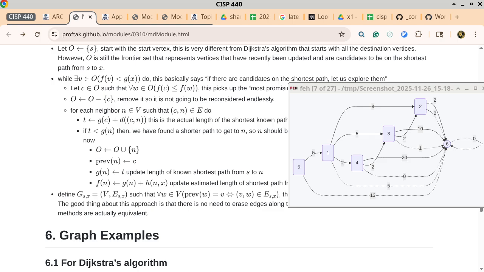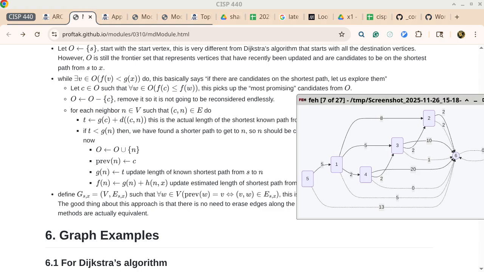So the stuff that we need to do is, the first line is saying we are going to pick an element out of O such that for all elements W in O, f of c has to be less than or equal to f of w.